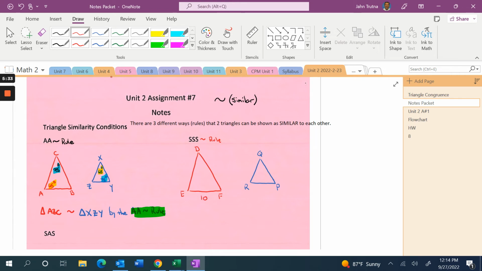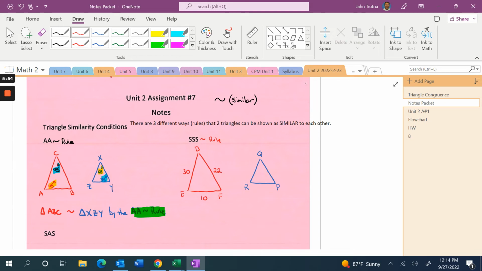The longest side of the red triangle, which is side E to D, has a length of 30. The middle length side of the red triangle, which would be side D to F, has a length of 22. Okay?